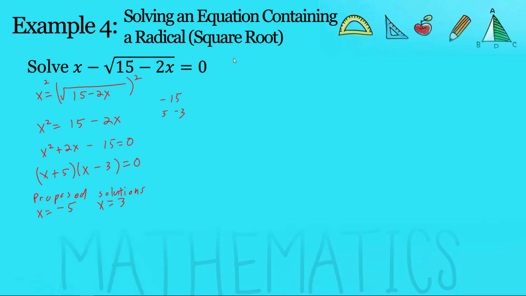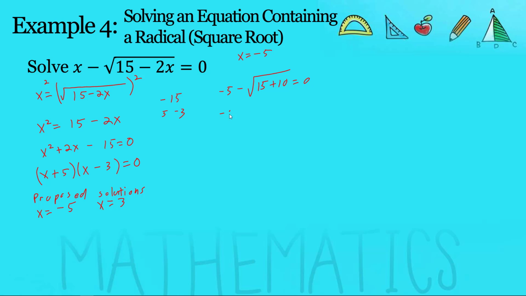So let's take a look at x equals negative 5. If we have that, we will have negative 5 minus the square root of 15 minus 2 times negative 5, which will be plus 10, and that should be equal to 0.